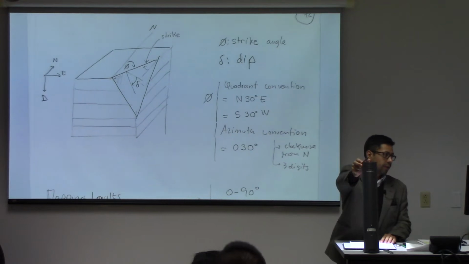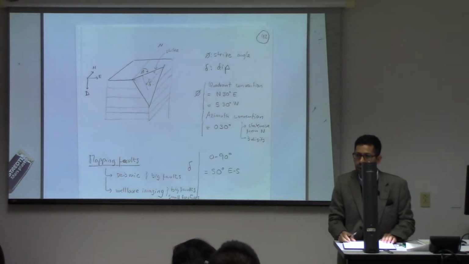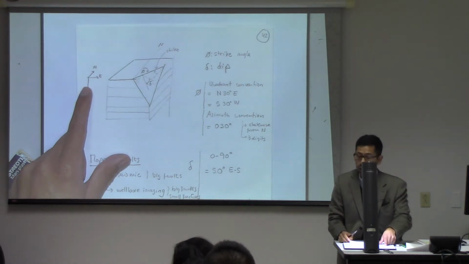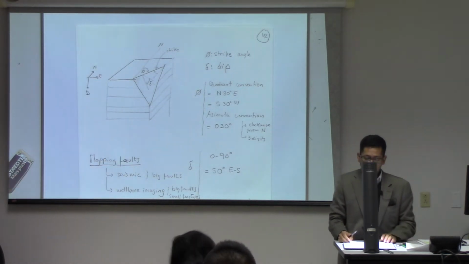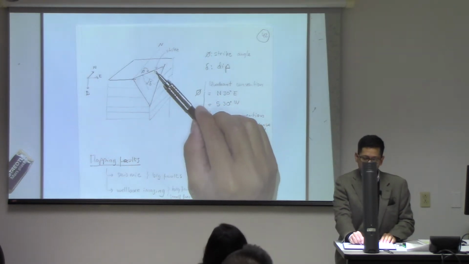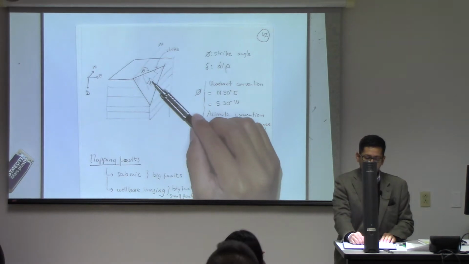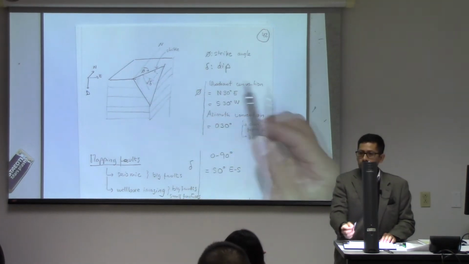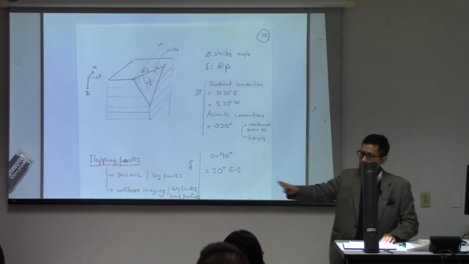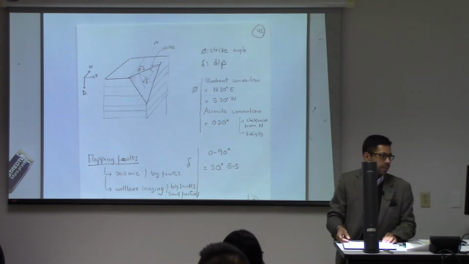So we usually refer that strike and dip to something that we already know, and it's the geographical coordinate system. And usually we'll measure a strike clockwise from the north, and the dip will be measured from the horizontal plane towards the plane. So a dip of 0 degrees means a horizontal plane. Dip of 90 degrees means a vertical plane.